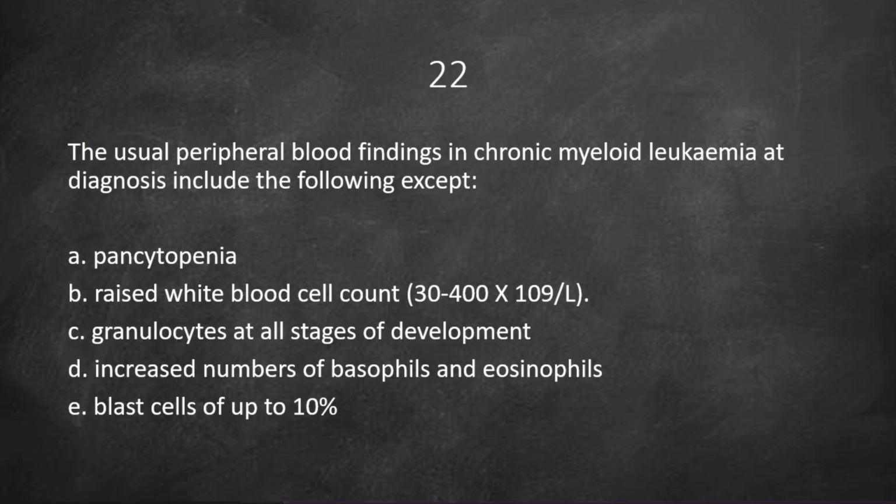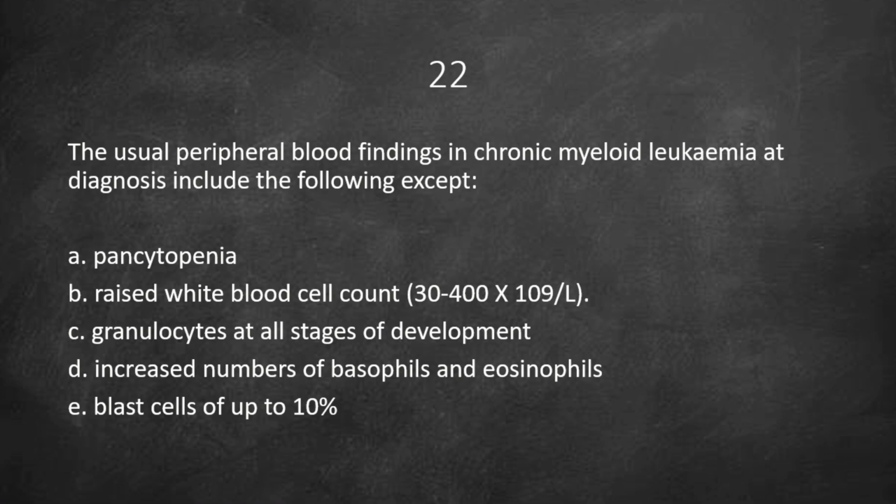So that will be the exception here. That's pancytopenia. In CML, there will be a raised WBC count, and there will be granulocytes in the peripheral blood at various stages of maturation, from the myeloblast to the mature granulocyte.